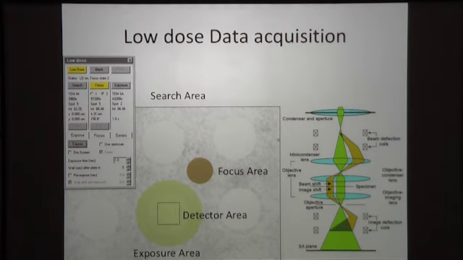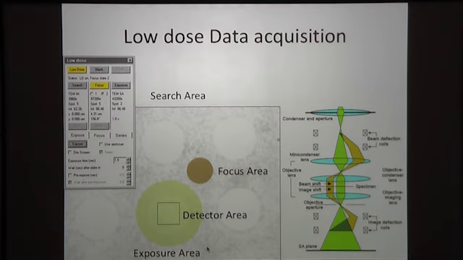And that's basically it. When you click from one to the other, the microscope just changes the illumination conditions and your magnification. You have 3 modes, and typically your search area will be a large area. You're working at low magnification, and the idea here is just to find a suitable hole for data collection.